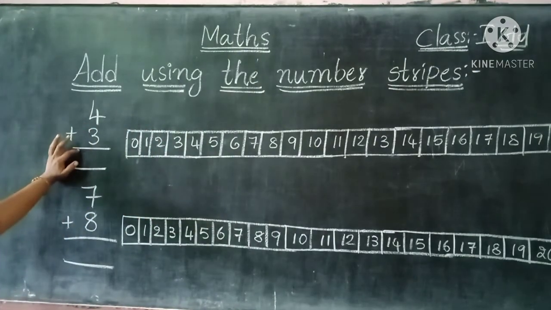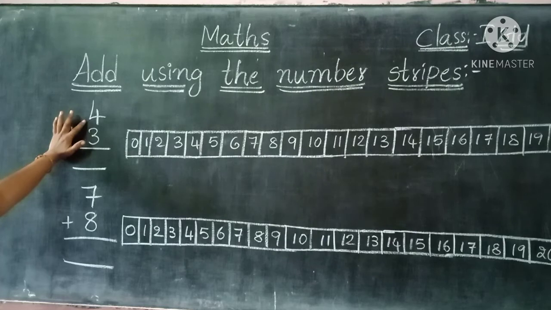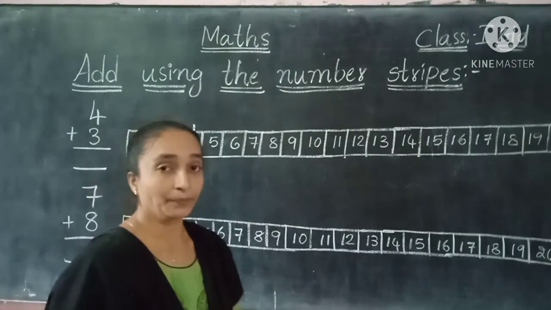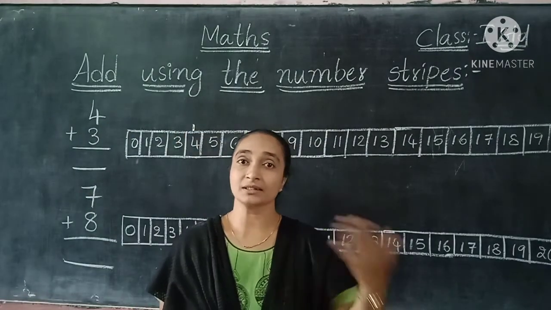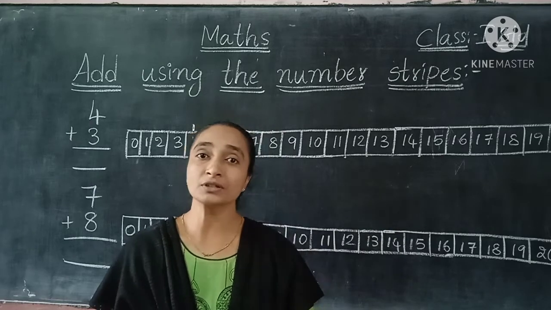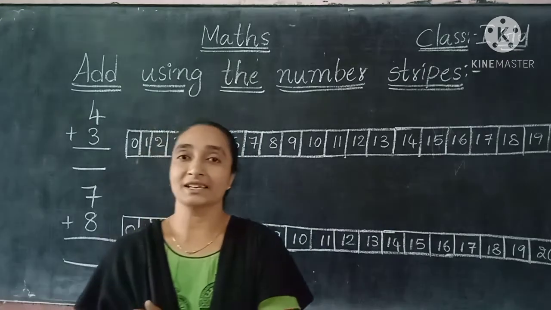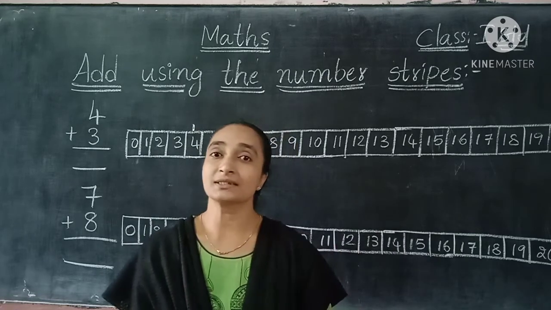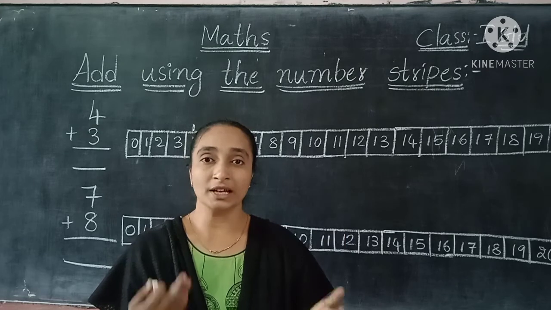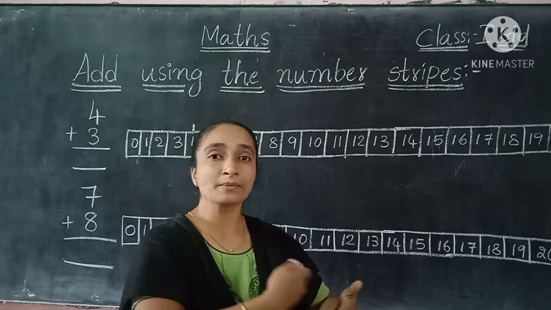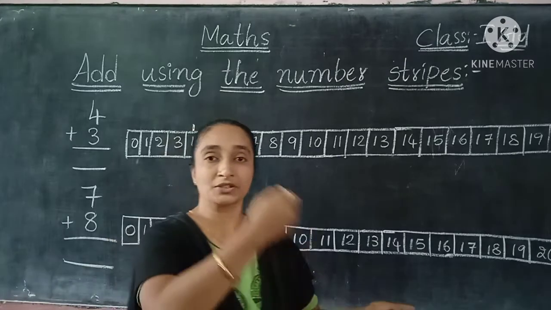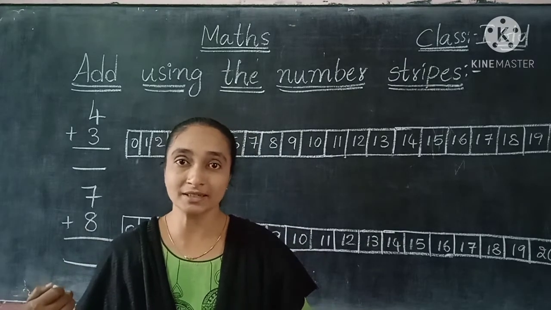4 plus 3. The first number is 4. So from where we have to start, children? Yes, the 4 we should start. Here the jumping, that means the counting, will go forward or backwards? Yes, we have to go forward, because this is addition. In addition, always the jumps go forward, while in subtraction the jumps come backwards.